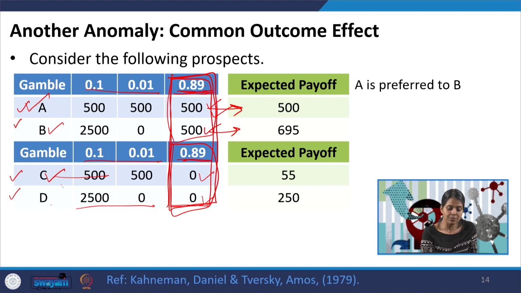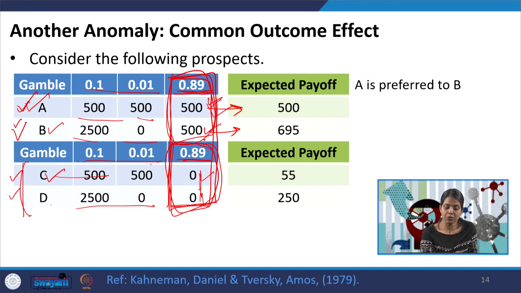So, the decision between the first two options in both cases should be independent of the third. The decision between choosing A and B should be independent of this, because this has the same probability and same amount. Similarly, the decision between C and D should be independent of this, because again these are the same amount.